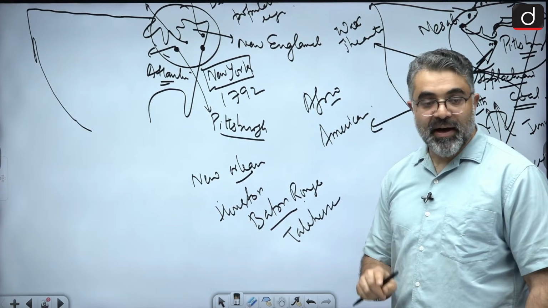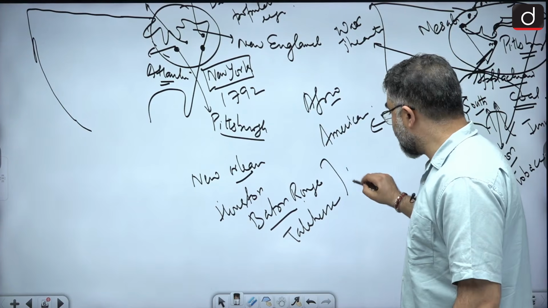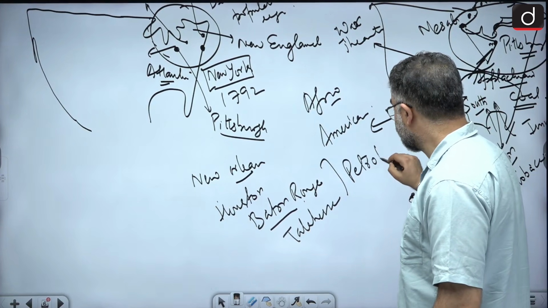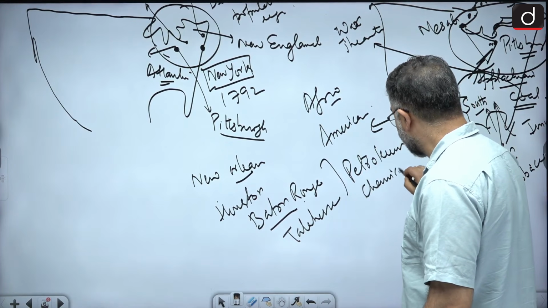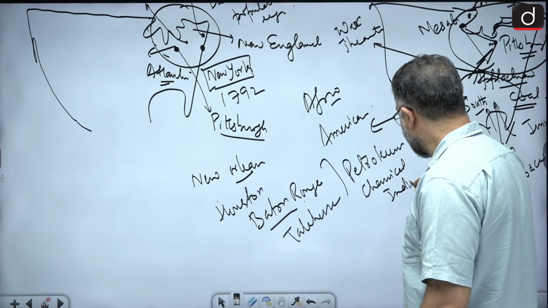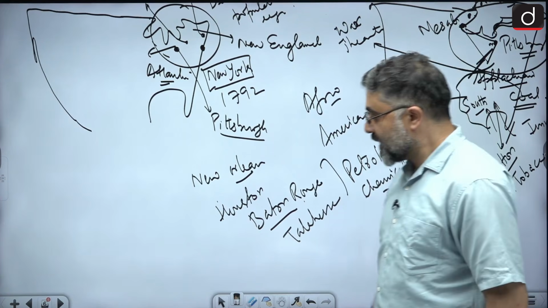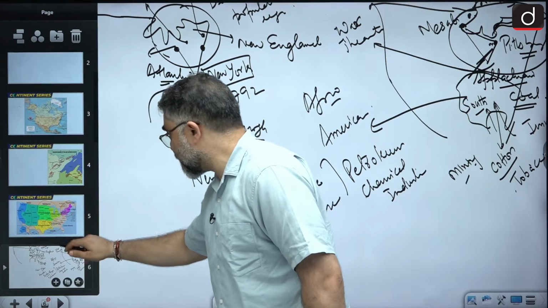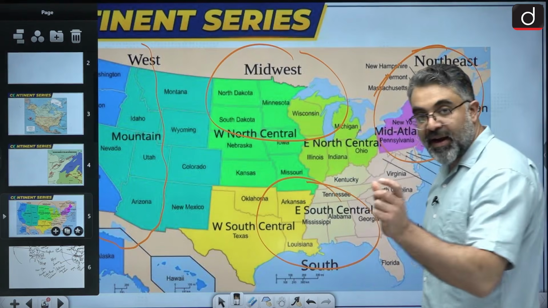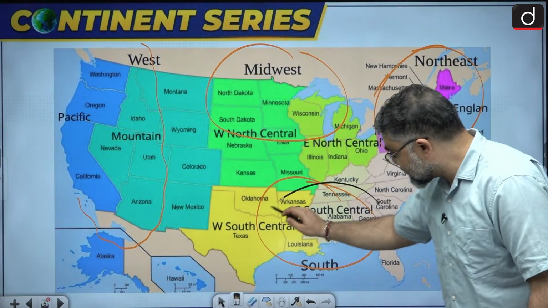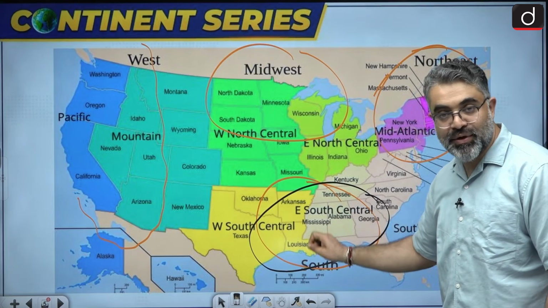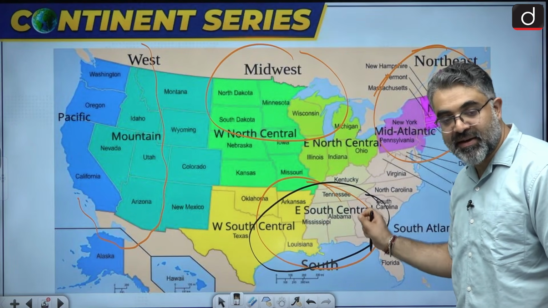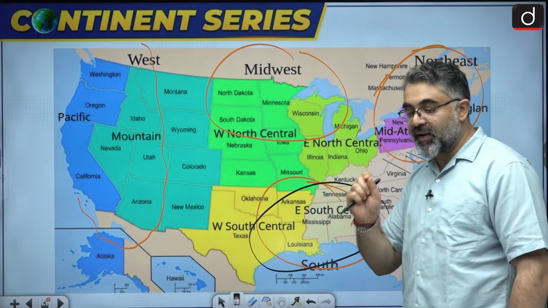All these cities are well known for petroleum production or for chemical industries. So if you travel to the southern states of USA and look at your atlas carefully, these states, Louisiana, you mark Baton Rouge, you mark New Orleans, you mark Tallahassee. These regions are well known for petroleum production.